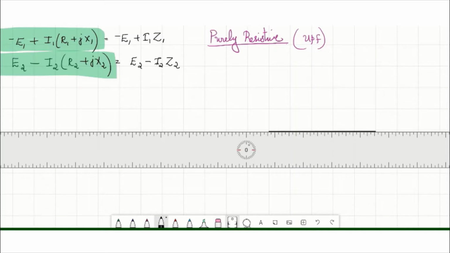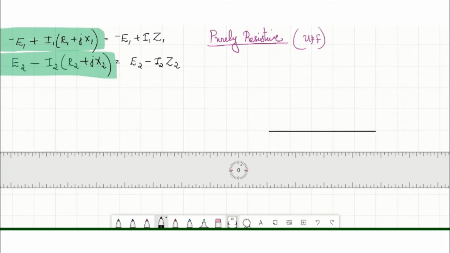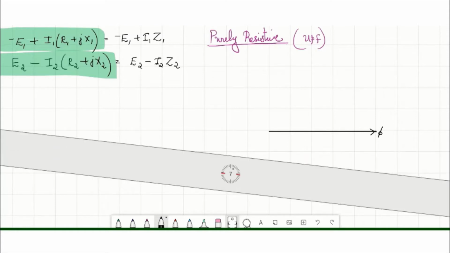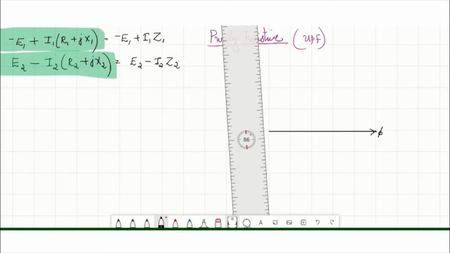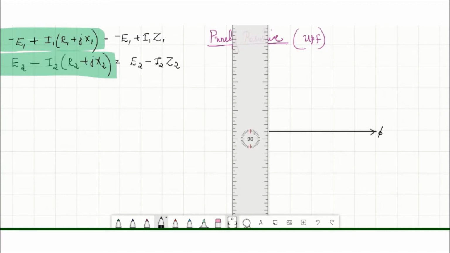Flux phi in x-axis. And we know that both the induced EMFs E1 and E2 will lag the flux by 90 degrees. So E1 and E2 will be like this.